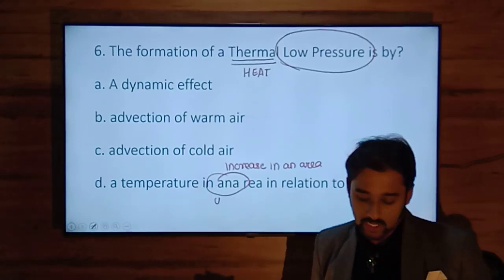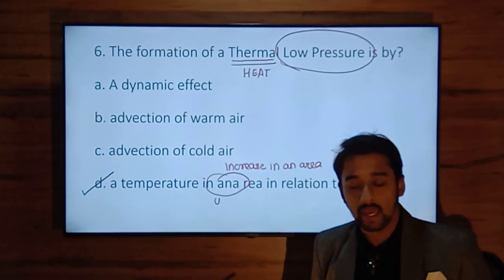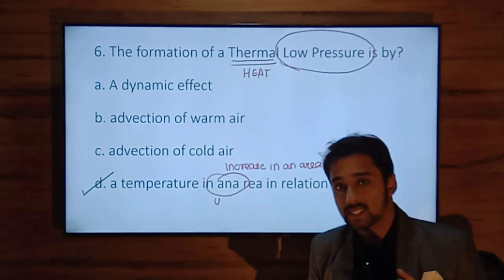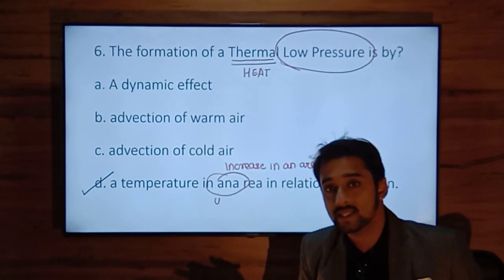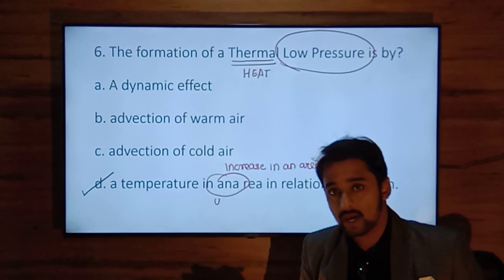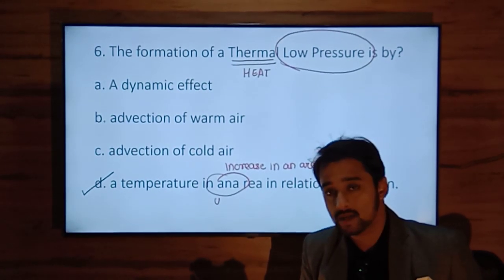So according to this question, the appropriate answer will be a temperature rise in an area in relation to its environment. There might be a very big land surface which is barren, a desert or anything like that, and this desert might be surrounded by a forest after long distances of kilometers.